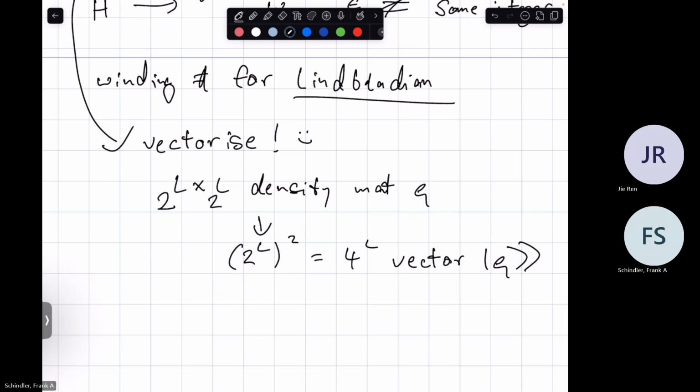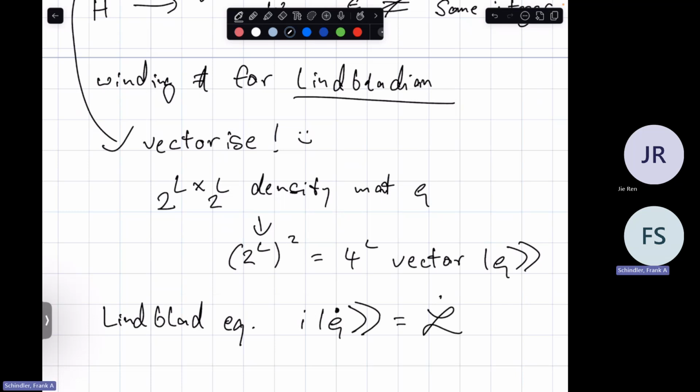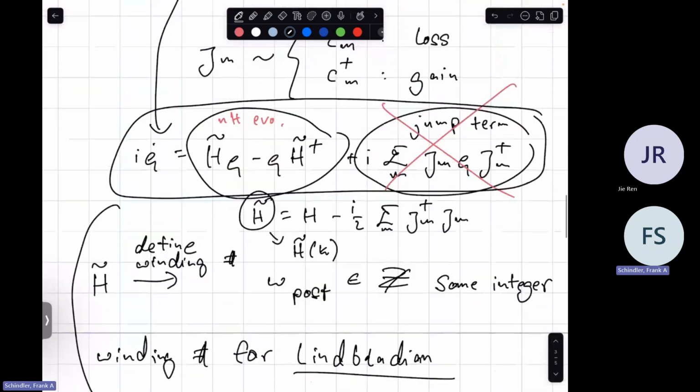Okay. So the Lindblad equation, and we're almost done, I'm promising, turns into i times the time derivative of this vector rho equals some Lindbladian superoperator acting on the vector rho. I've defined this big matrix L hat, which takes into account this full Lindblad equation up here.